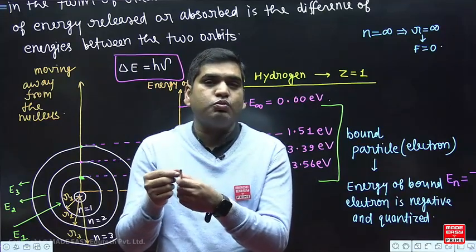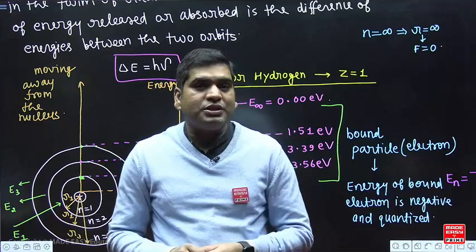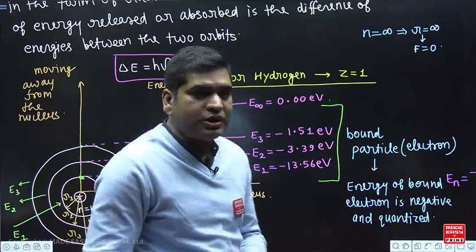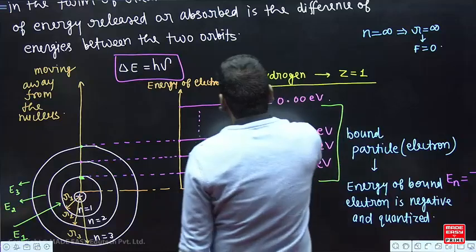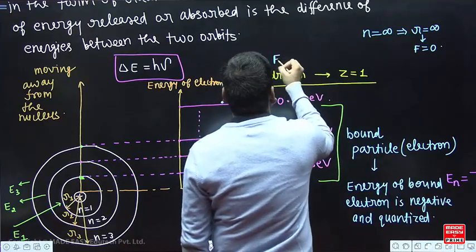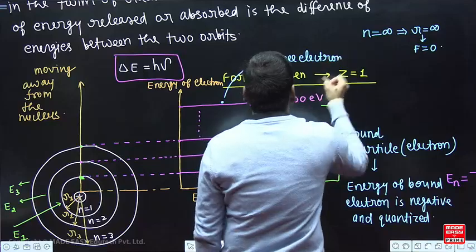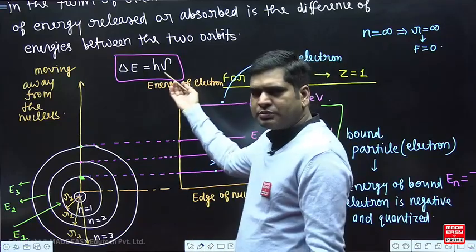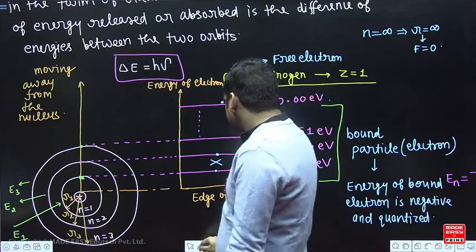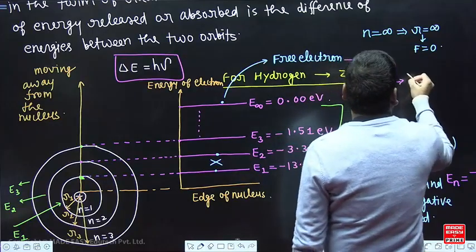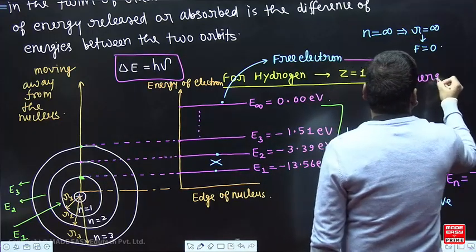So this electron can move anywhere in the material. Such electrons which are free from the influence of their parent nucleus are known as free electrons. You see, the energy of a free electron is 0 or more than that, meaning positive.